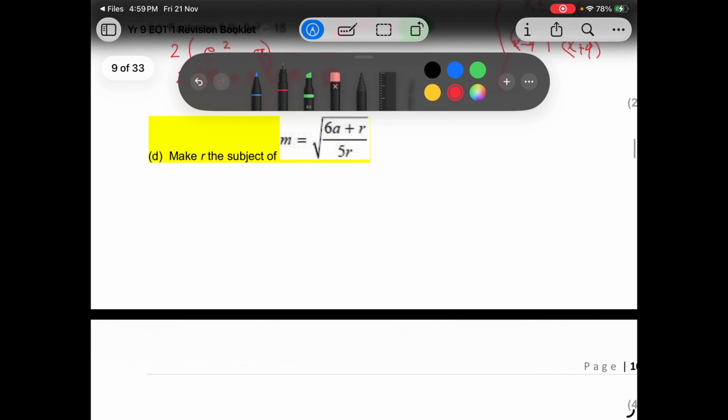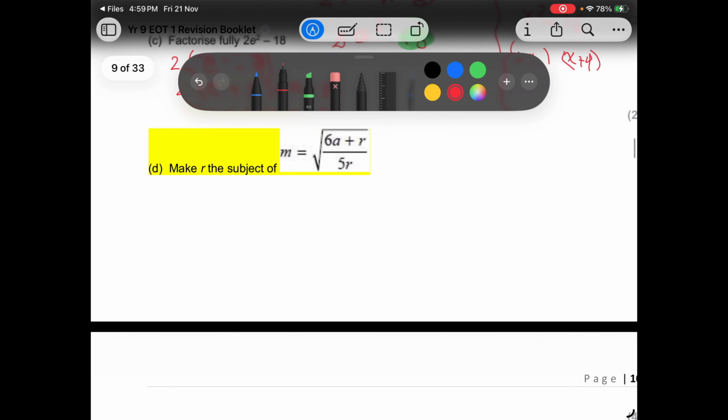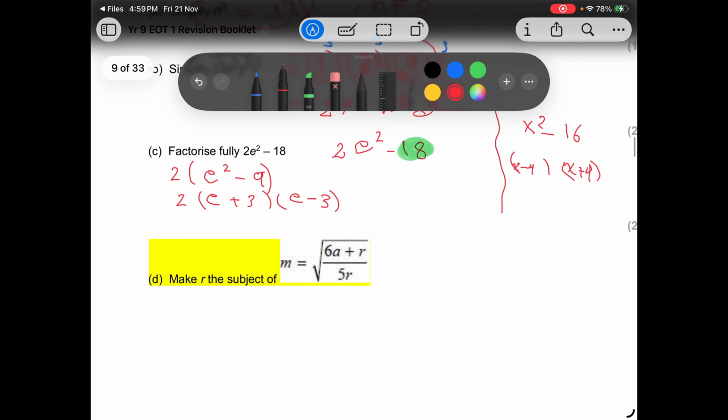This problem here: make R the subject of this radical expression. Honestly, guys, this problem is not that direct. It requires manipulation, so we will do it together step by step, and I will do my best to make it as clear as I can.